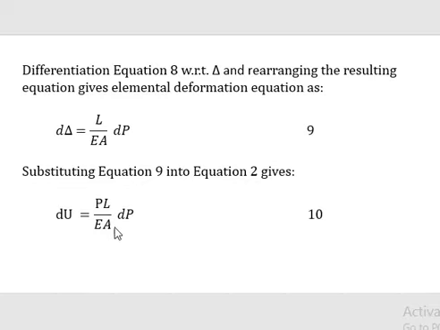That is the latest definition for elemental strength energy of the elements. Just substitute equation 9 back into equation 2, and definitely you are going to get equation number 10. You are going to use this equation later. Note it, it's very, very important.